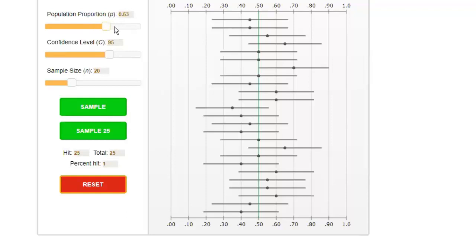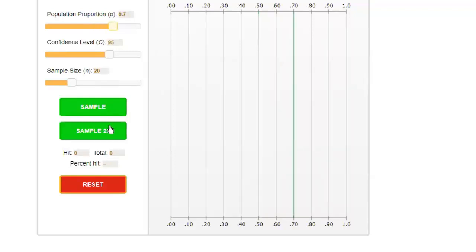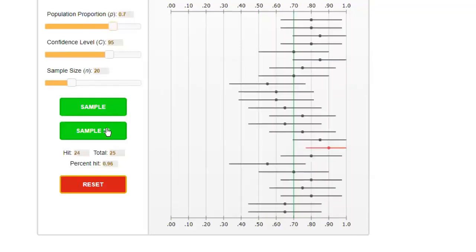Let me scoot it up to 0.7 and redo a sample of 25. You see how they all scooted over toward 0.7? But some of them missed. Like there's one that missed, the one in red, right? But look at my percent hit over here on this left side. I'm at 96% right now, which is pretty good, right?